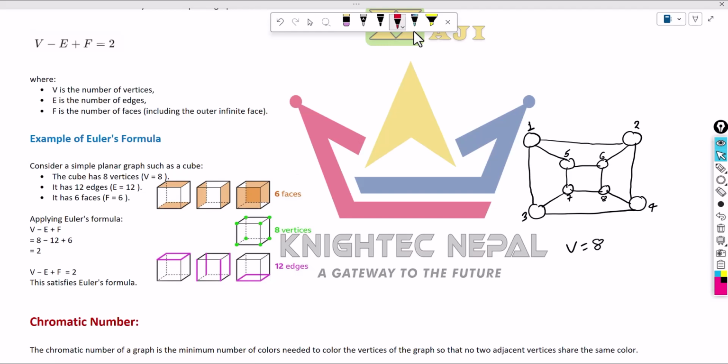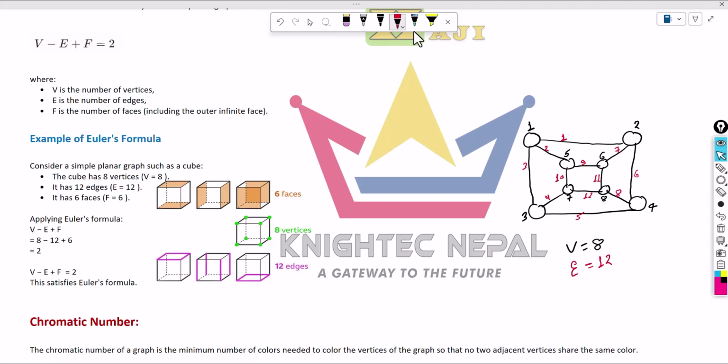Here this is 1, 2, 3, 4, 5, 6, 7, 8, 9, 10, 11 and 12. So we have total edges equal to 12.